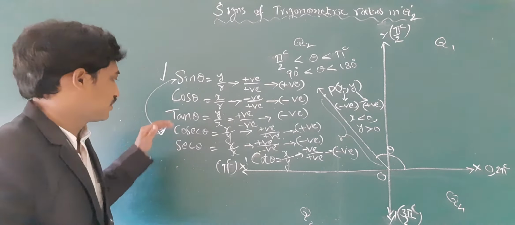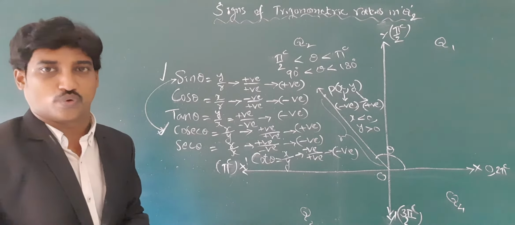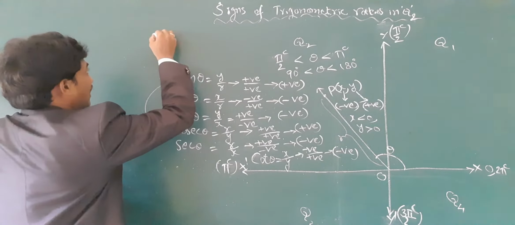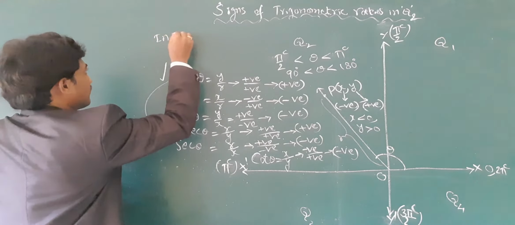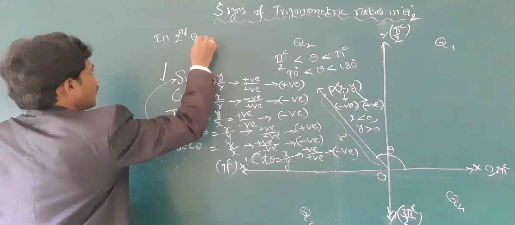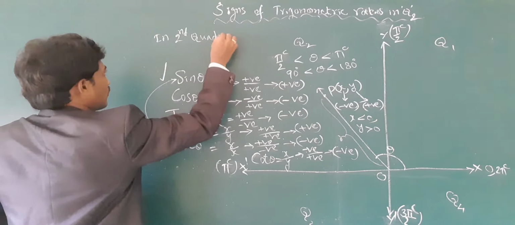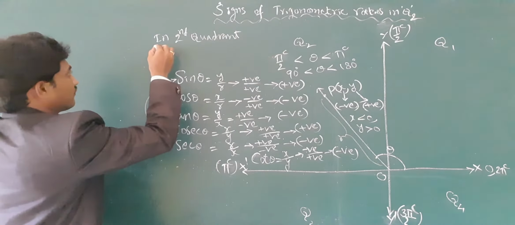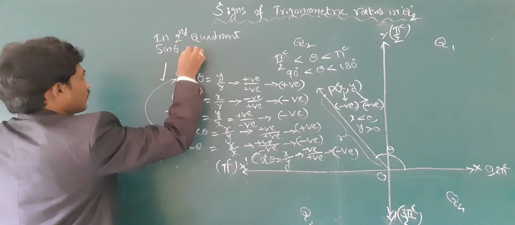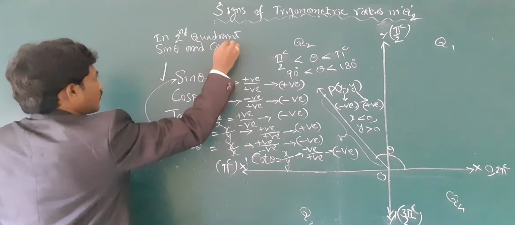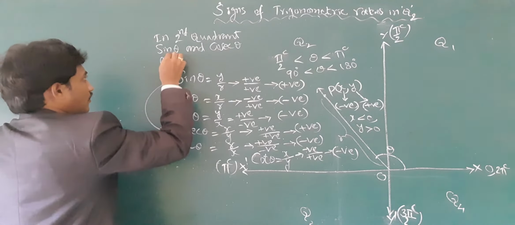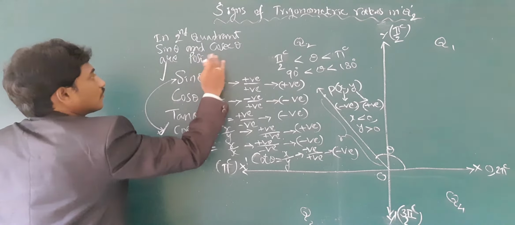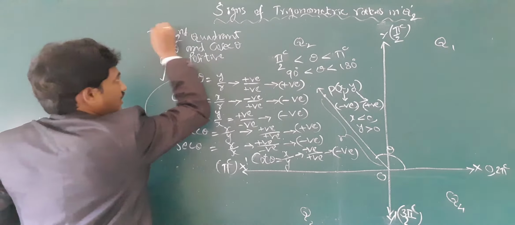The remaining ratios are negative quantities. Let us write that. In the second quadrant, sin theta and cosecant theta are positive. The remaining quantities are negative.